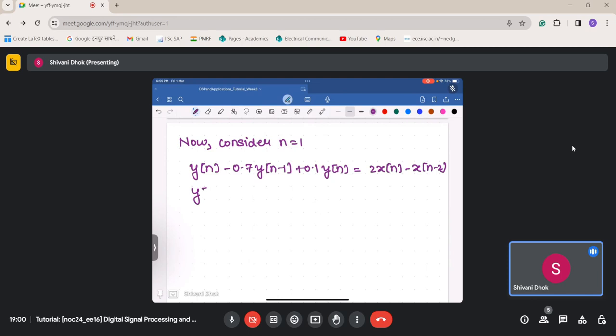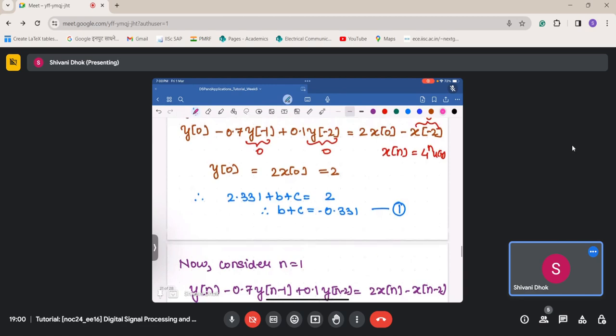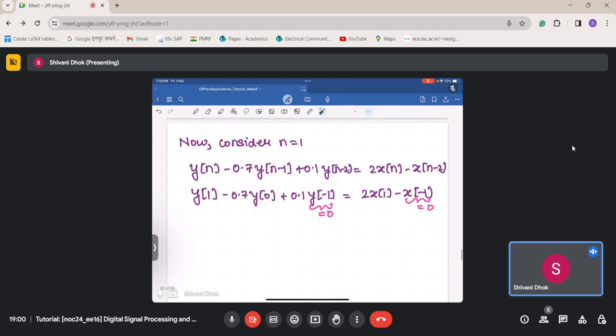So this will become y of 1 minus 0.7 y of 0 plus 0.1 y of minus 1, which is equal to 2 times x of 1 minus x of minus 1. Again this quantity will be equal to 0, and this quantity will be equal to 0. The value of y of 0 we had found out earlier, which was equal to 2, so we can substitute here.